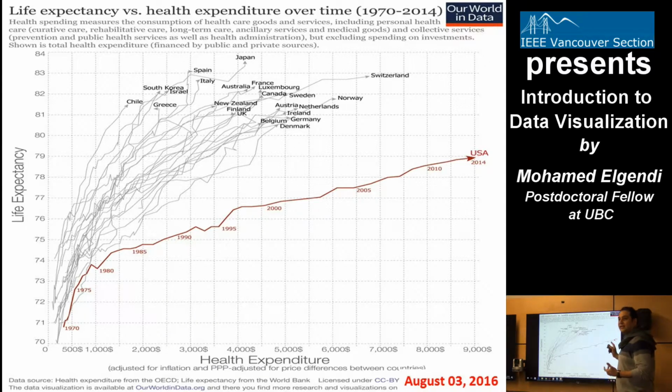You see a country like USA spending about $9,000 per citizen, and the average life expectancy is about 79 years old. Where a country like Chile spending about $1,000, but they're achieving 82 years old of age.